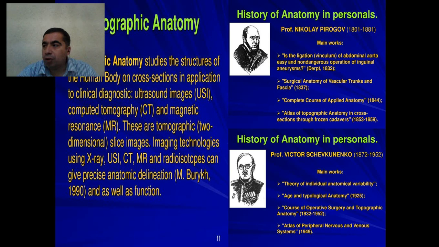because as I have noted, the topographic anatomy is very close to the clinical practice, while the descriptive anatomy mainly gives you the basal knowledge, and it's the more theoretical science.